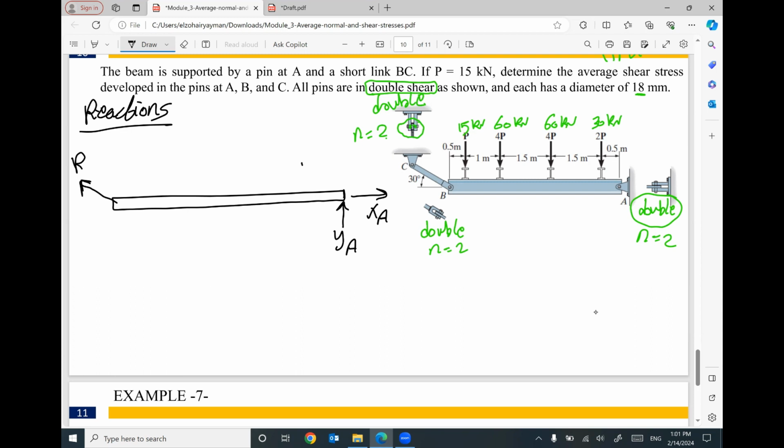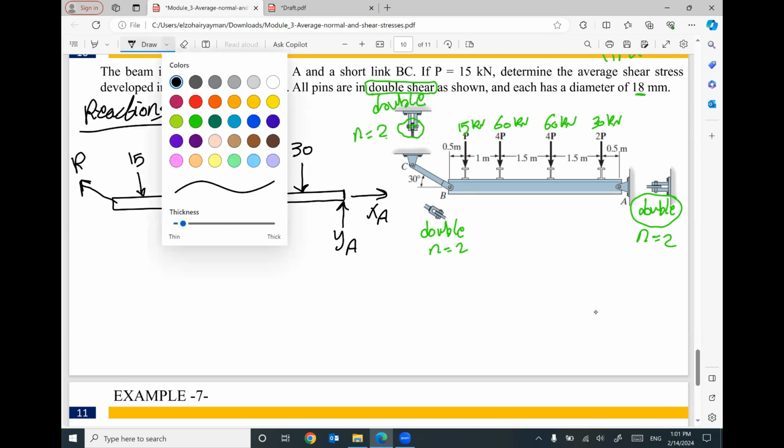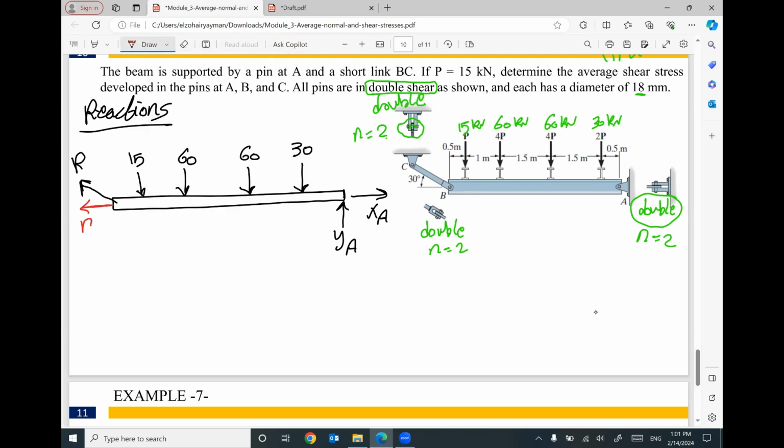We have concentrated forces: 15 kilonewton, 60 kilonewton, 60 kilonewton, 30 kilonewton. Before applying the equilibrium equations, I have to break this force R into R cosine 30 and R sine 30, since this angle is given as 30.